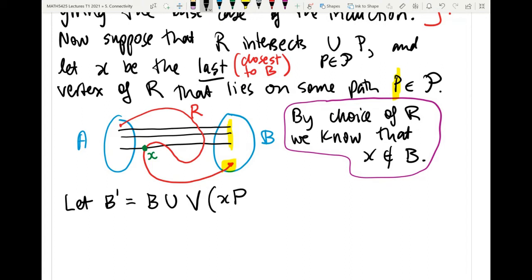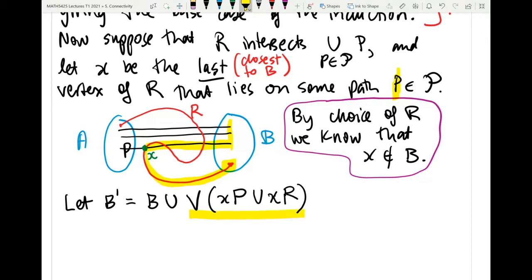So in my picture, a bit hard to write, P is this path here, okay? And I'm going to take that part of the path from X to the end, and from X to the end along R. And I'm going to add all of those vertices here into the set B. It becomes B prime.